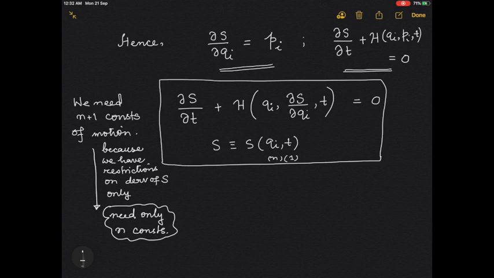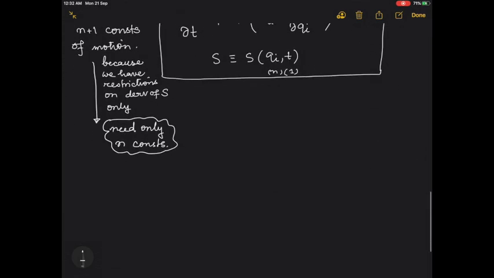Let's see something interesting result from one of our canonical transformations. And the canonical transformation that we are going to look at is the one which is associated with the second type of generating function.